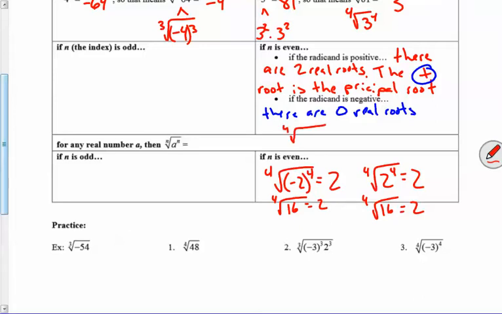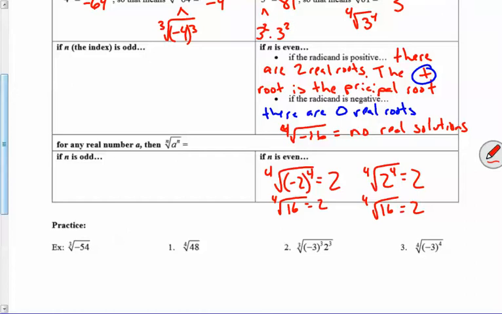So the fourth root of negative 16 has no real solutions. There's a lot that we just showed in these very similar problems, so make sure you discern that and ask us questions if that doesn't quite make sense.